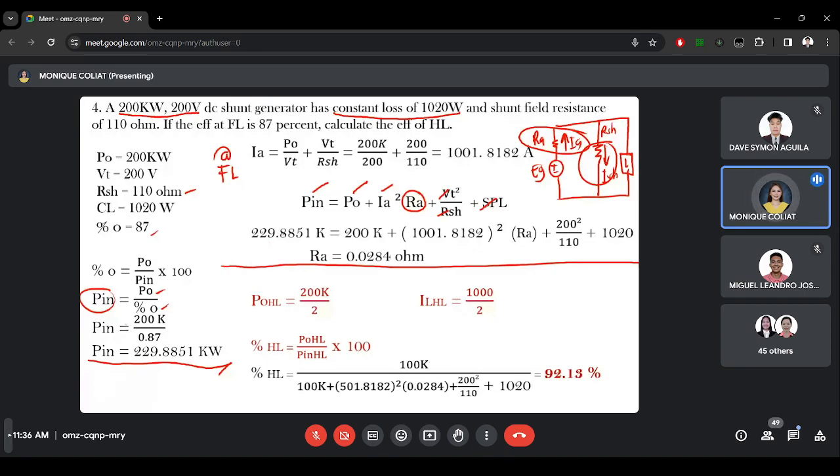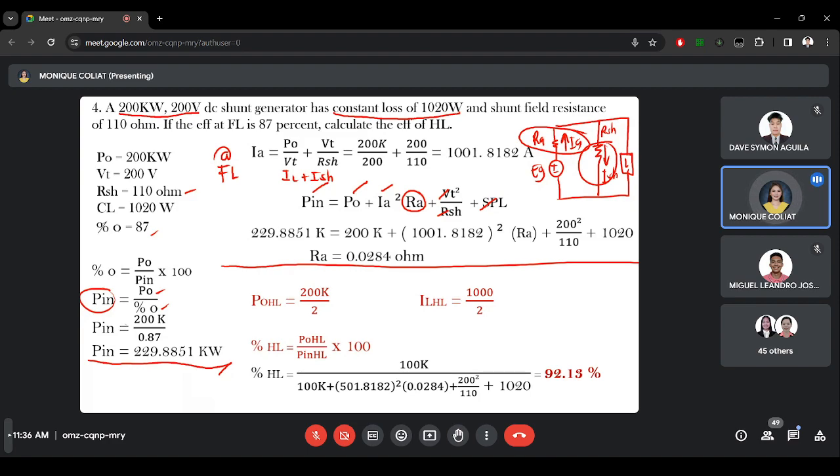So we can move now to the equation. IA is 1,001.8182 quantity squared times RA, which is the unknown. Then we have 200 squared divided by 110 plus SPL na 1,020. Okay? So please don't use shift solve. I need to see the equation of RA here. So anong gagawin nyo? Minus nyo to, minus din ito.